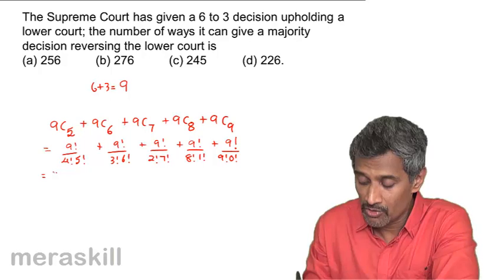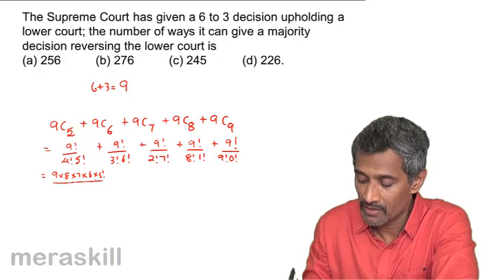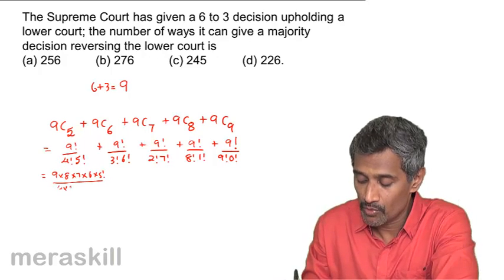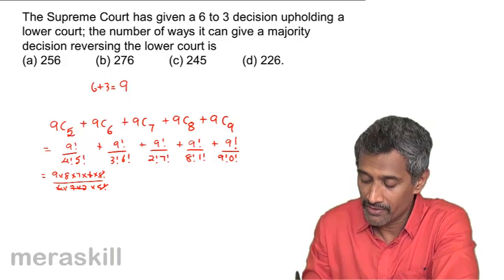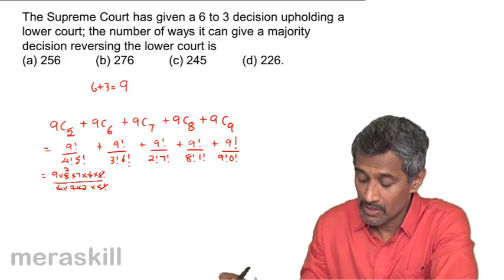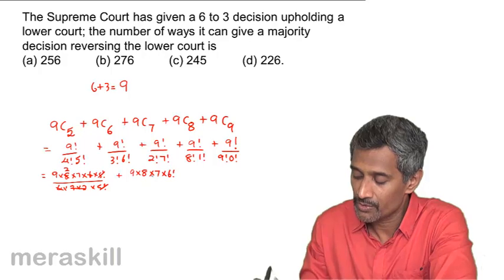What does this turn out to be? 9 into 8 into 7 into 6 into 5 factorial. 4 factorial can be written as 4 into 3 into 2 into 5 factorial. This gets cancelled, and here we have 3 and 2, and here we have 2, and then this would be 9 into 8 into 7 into 6 factorial upon 3 into 2 into 6 factorial.